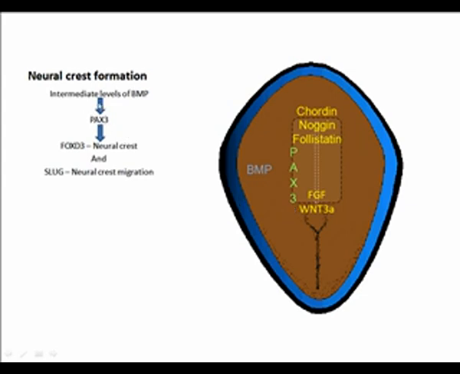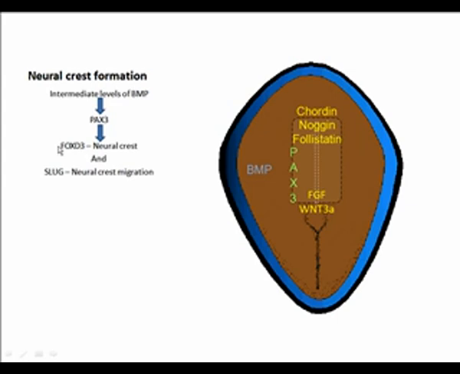This then allows for the expression of PAX3, which then upregulates FOXD3, and this will lead to the formation of neural crest cells. So it is at this area here, the junction of the neural plate and the rest of the surface ectoderm, that an intermediate level of PAX3 is going to allow for the induction of a new group of cells called the neural crest cells.